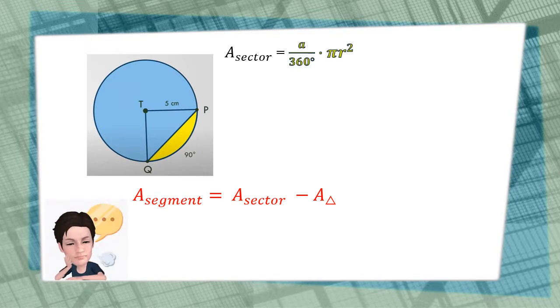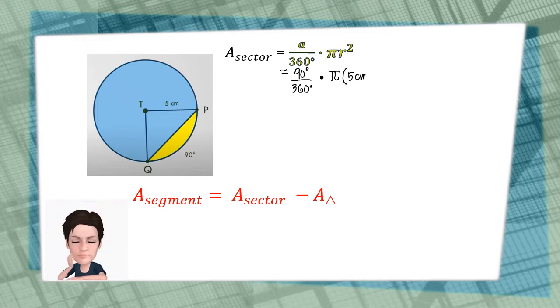As given, the degree measure of the intercepted arc is 90 degrees. Of course, we copy 360 degrees times pi, and our r is 5 centimeters, squared. Okay, so we need to simplify this. 90 degrees divided by 360 degrees, because we all know both are divisible by 90.